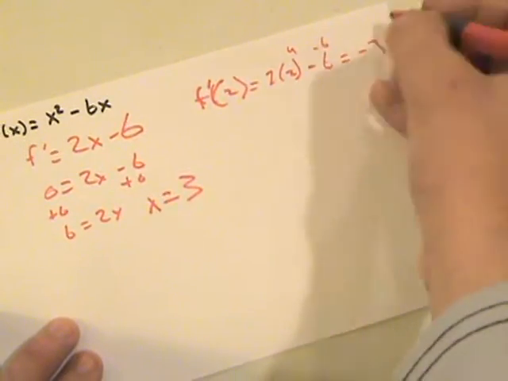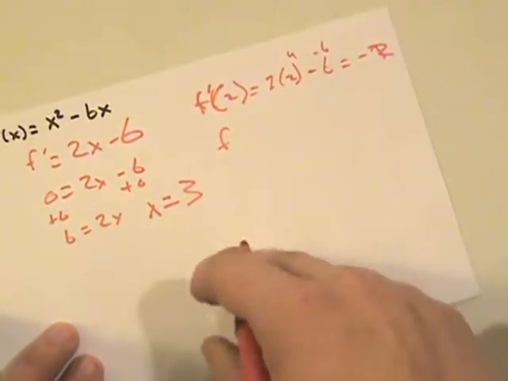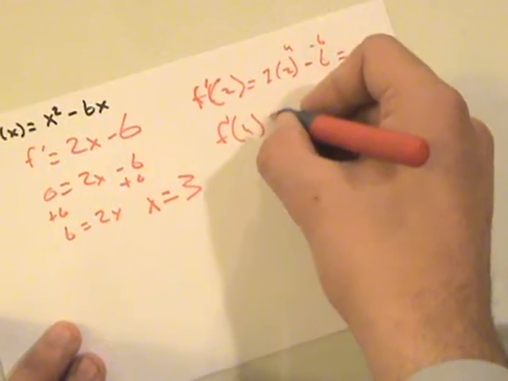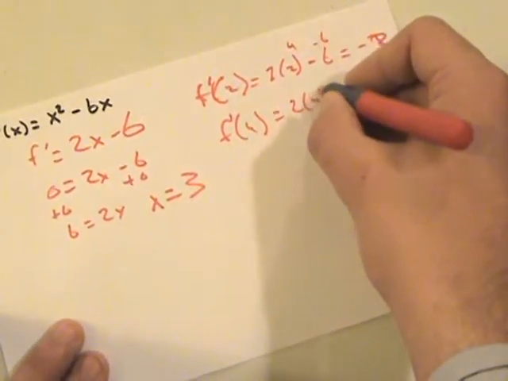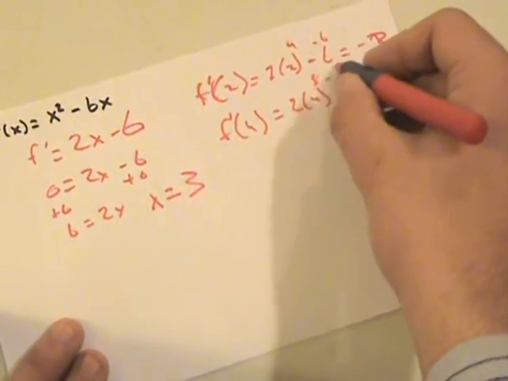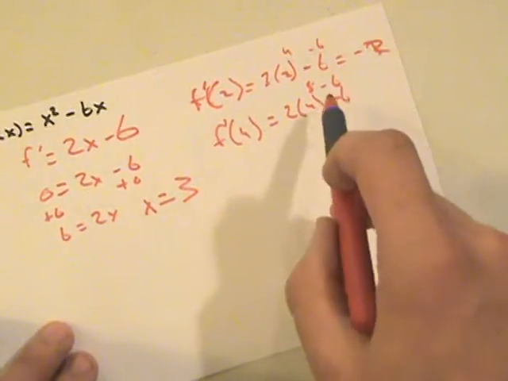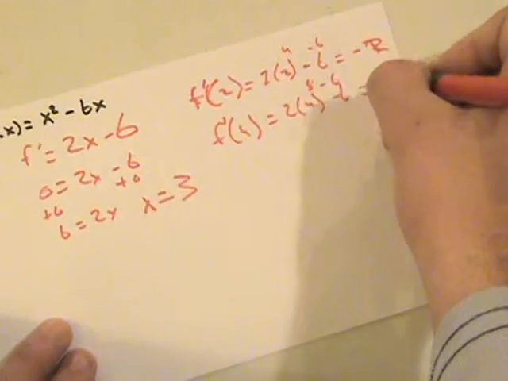We get a negative value. Then we can plug in 4, so it's on the right. So now we get a positive value.